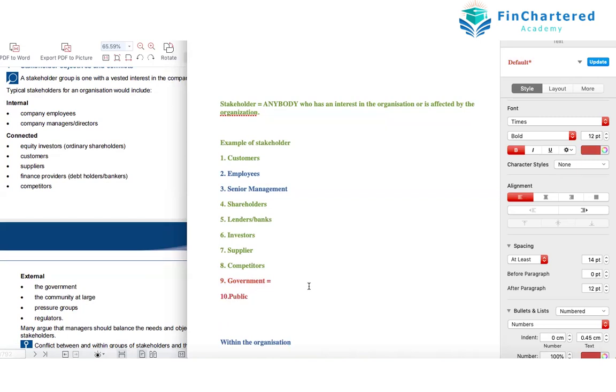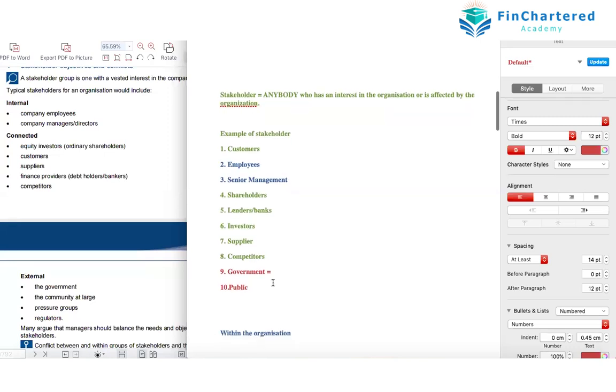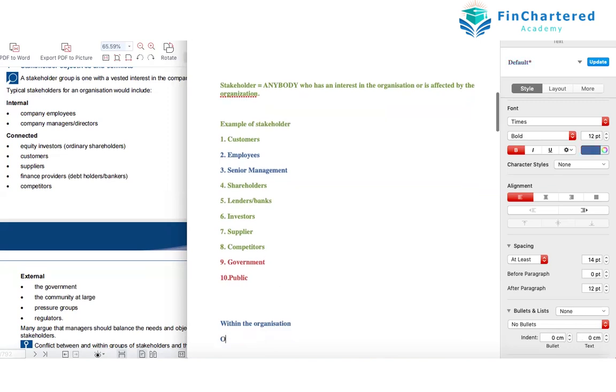Public also wants to know if you're following all the rules, if you're spoiling or damaging the society. Public is also interested. But public and government are people who will never be found inside Finchartered Academy. They will be outside. So these people are outside the organization. In red, I'm marking them.